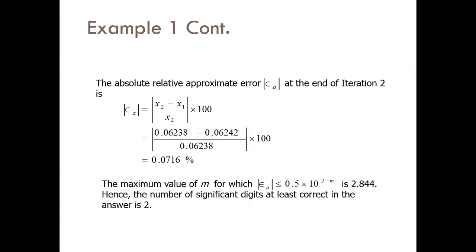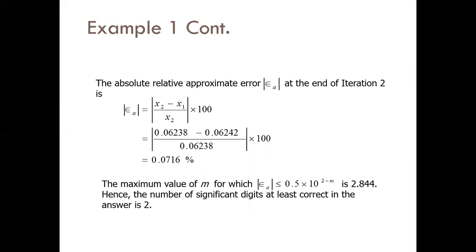The absolute relative error is (x2 minus x1) divided by x2 into 100. That is (0.06238 minus 0.06242) divided by 0.06238 into 100. This is 0.0716%. Means a very small error is present.